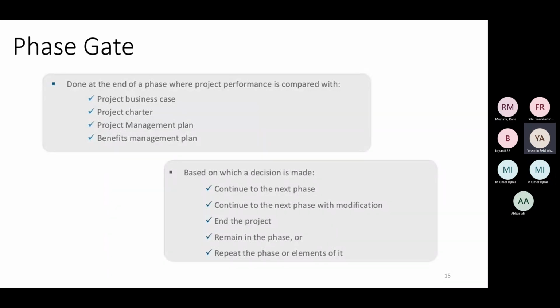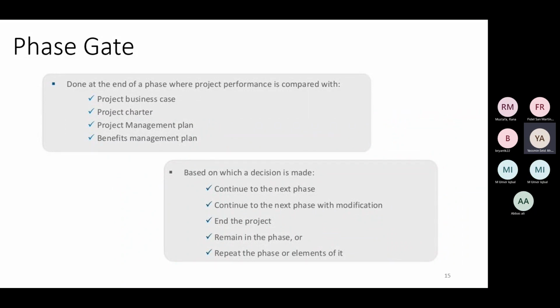Another decision could be to continue to the next phase. If your idea is going to work, if it is feasible to be implemented, then you might work on a business case, okay? And then start working on the project.